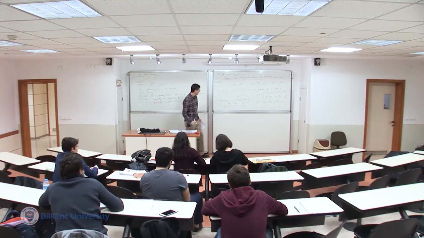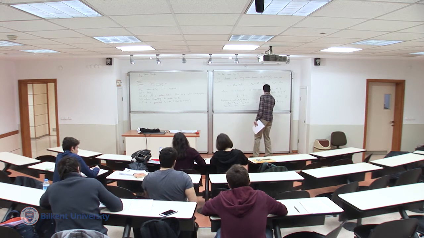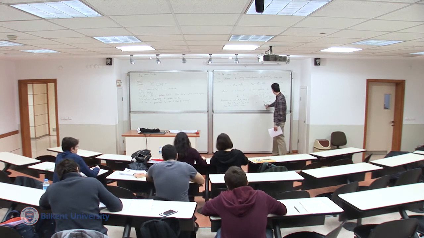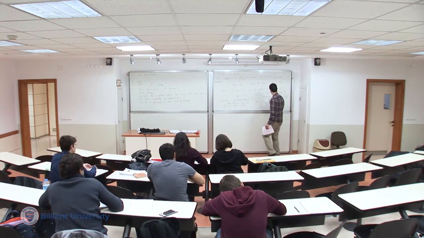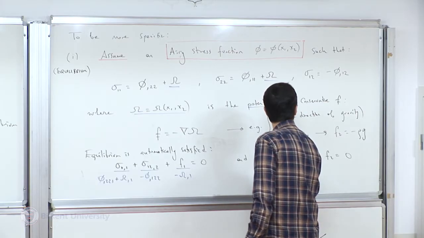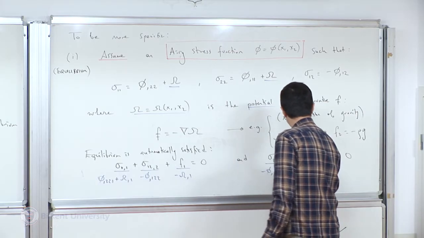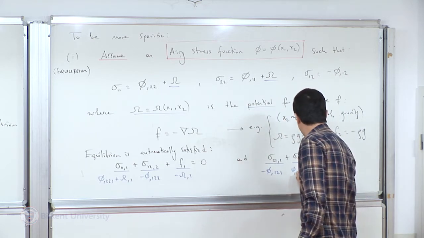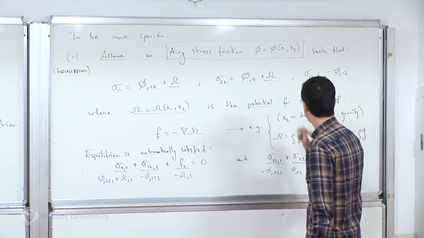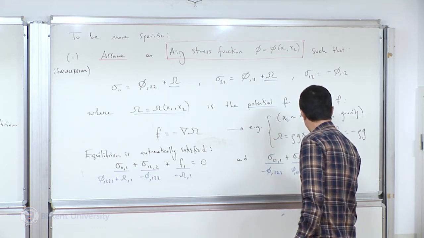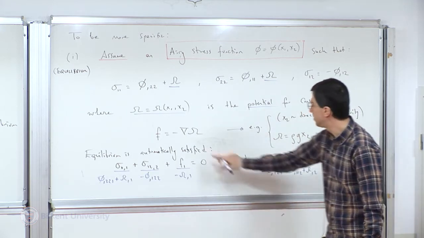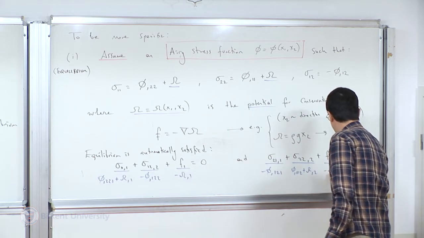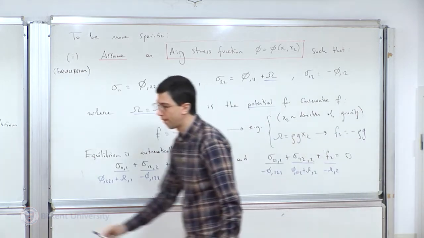Right? And similarly, we can do the same thing on the right-hand side. Omega 2,1 comma 1, so minus phi comma 1,2,1, then 2,2 comma 2, so phi comma 1,1,2 plus omega comma 2. And F2 is minus omega comma 2.